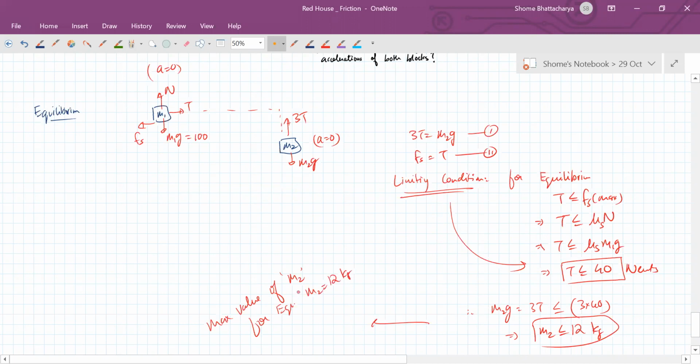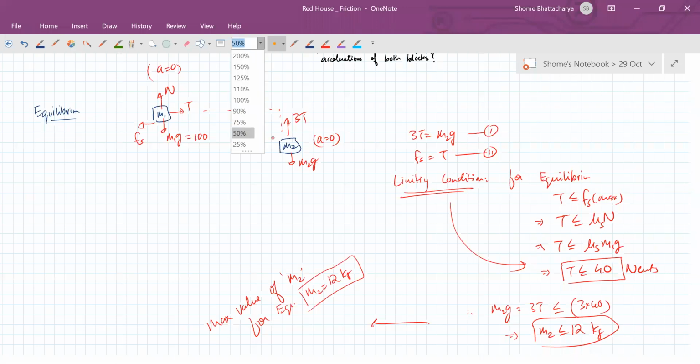As you reach 12 kg mass of M2, your system will be ready to start accelerating. So you can go right up to 12, but not beyond that.